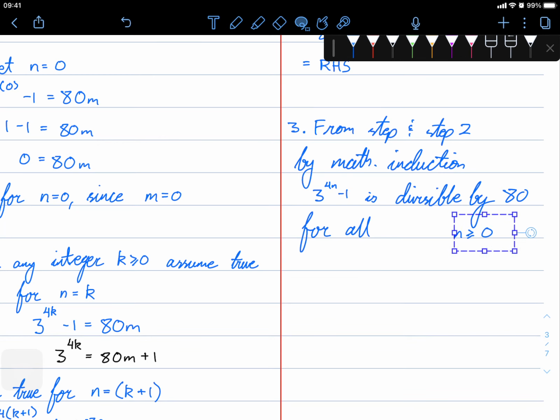Actually, no, we should specify a little bit more. That's for all integers. All integers, there we go. All integers n greater than or equal to 0.